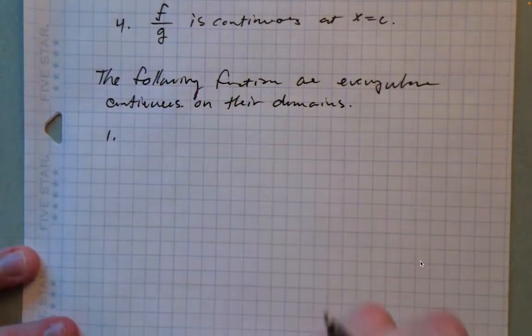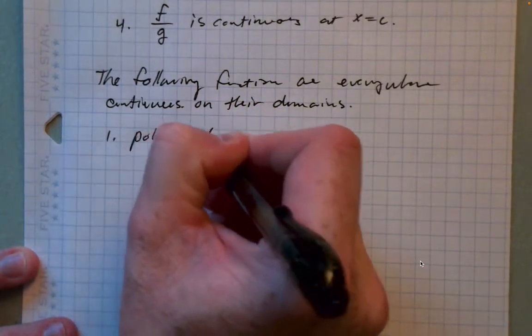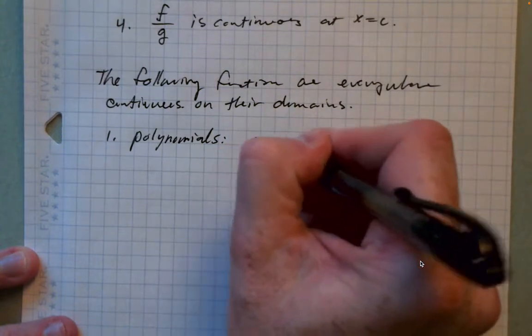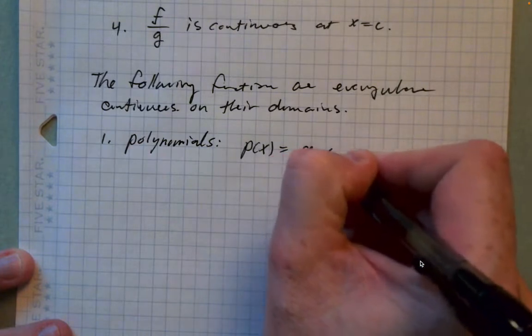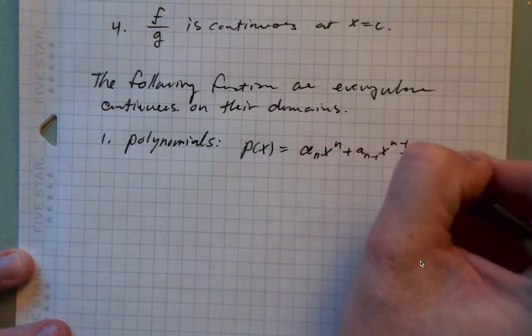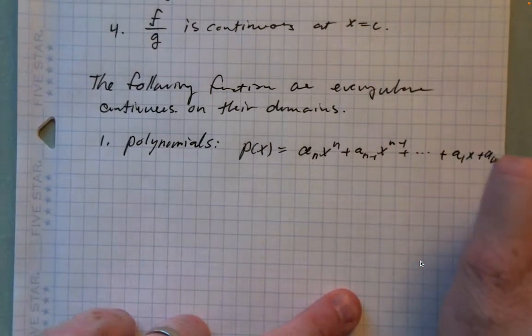So first up would be the polynomials. Okay, so remember what those are. Those are functions that look like p of x equals a_n x^n plus a_(n-1) x^(n-1) plus dot dot dot plus a_1 x plus a_0, right?